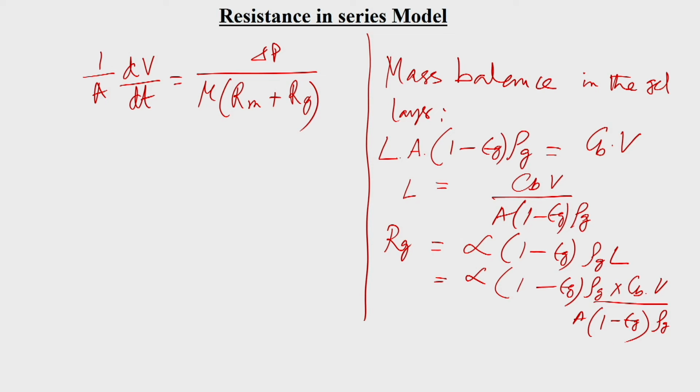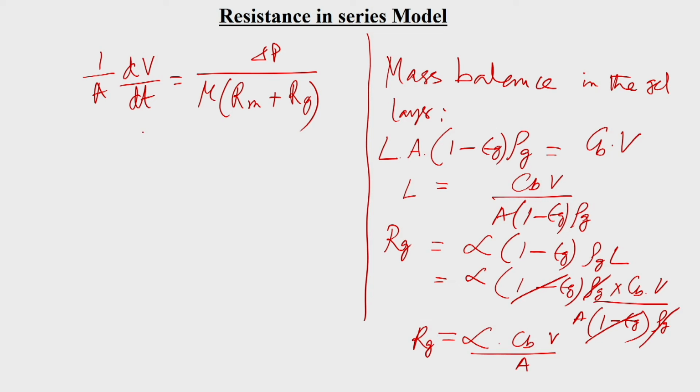So, 1 minus epsilon g and rho g will be cancelled out, then alpha into C b into V by A. So, that is R g.